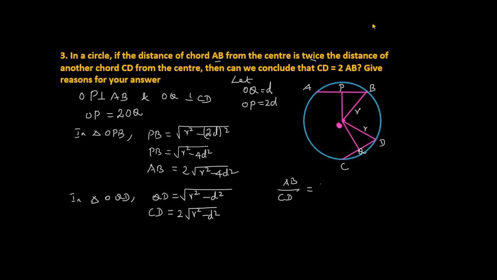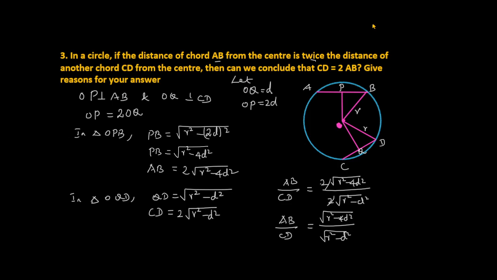Otherwise, it is not correct. We can cancel 2 and 2, but we cannot cancel that 2. So AB by CD is the square root of r squared minus 4d squared divided by the square root of r squared minus d squared. It is not a constant value 2.